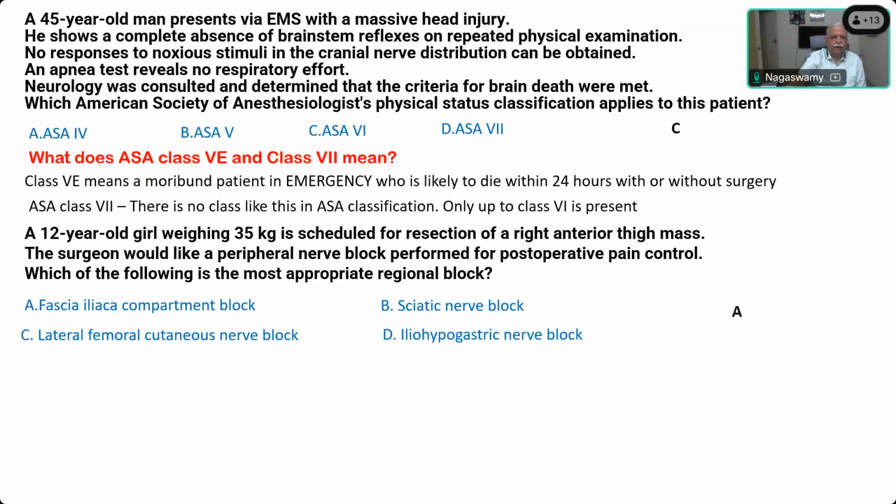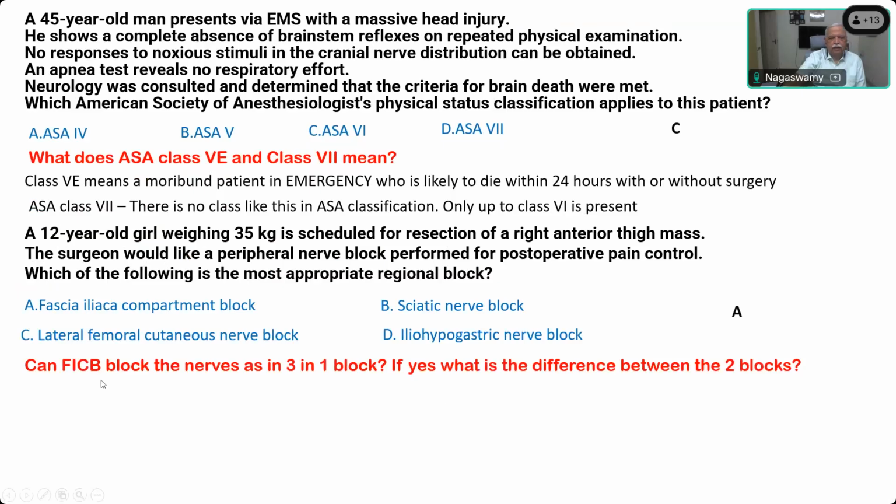Okay, good, correct. Can the fascia iliaca compartment block the nerves as in the 3-in-1 block? If yes, what is the difference between the two blocks? What is the 3-in-1 block? The femoral nerve, obturator nerve, and LFC, the lateral femoral cutaneous nerve. Very good.